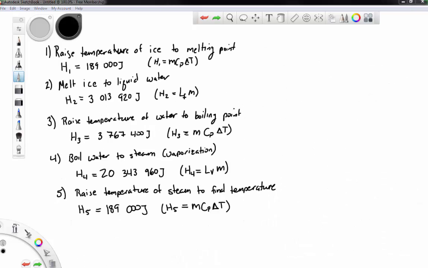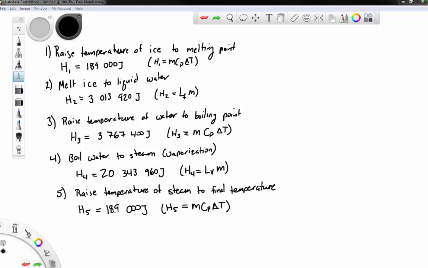Okay, so here's a summary of what we've done so far. We started by raising the temperature of ice to the melting point. That was 189,000 joules. Then we melted the ice to liquid water, 3,013,920 joules. Then we raised the temperature of water to boiling, 3,767,400 joules. We boiled the water to make steam, 20,343,960 joules.